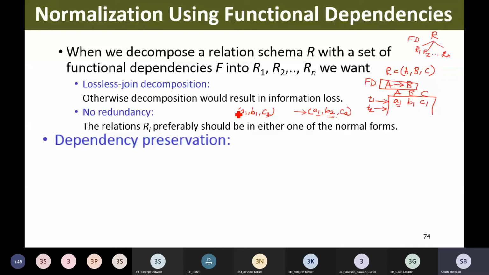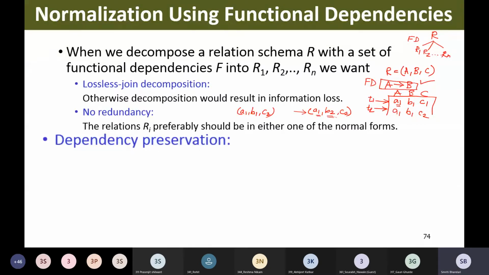So there is no violation of the functional dependency. And that is how this particular tuple, A1, B1, C2, will be accepted, because this functional dependency is not violated.